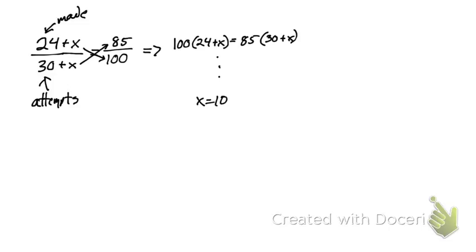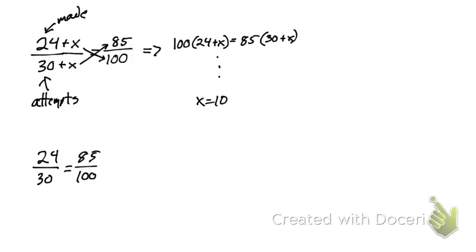So what you are saying, if you set it up that way, is that these ratios are equal to each other. If you plug it into your calculator right now, 24 divided by 30 would have to be the same value as 85 over 100. This is already assuming that she shot 85%.